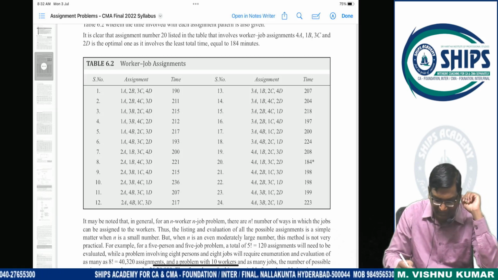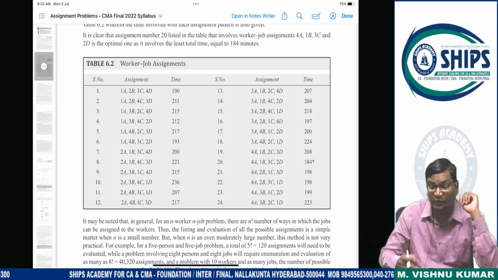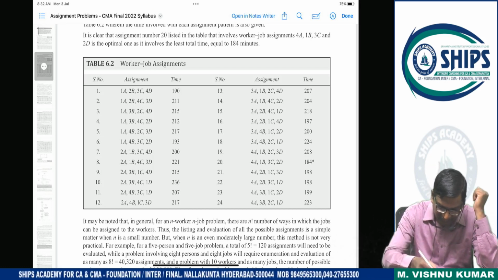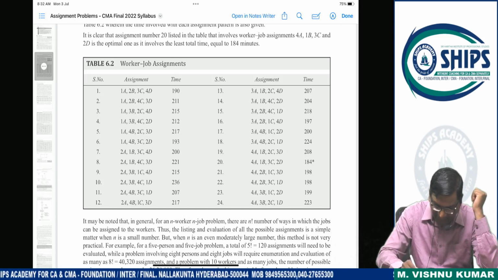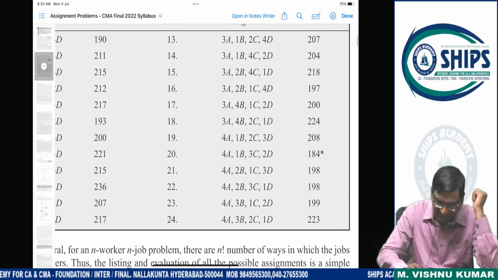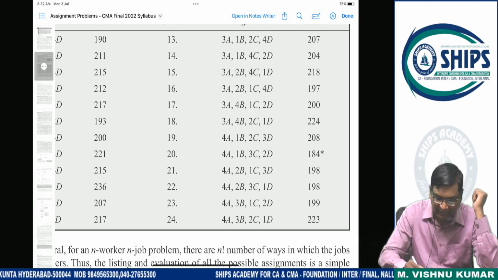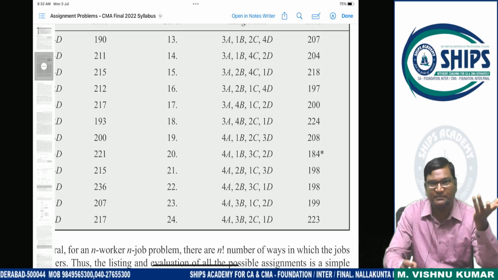Clear? So this is called the enumeration method. So in this, where is the least time? 184. Where is the least time? Means job A should be given to worker 4, job B should be given to worker 1, job C should be given to worker 3, job D should be given to worker 2. In the remaining cases, time is more.